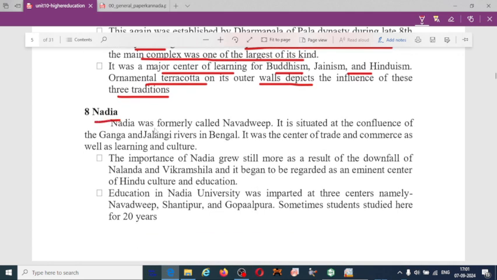Nadia. Nadia was formerly called Navadvip. It is situated at the confluence of the Ganga and Jalangi rivers in Bengal. It was a center of trade and commerce as well as learning and culture.